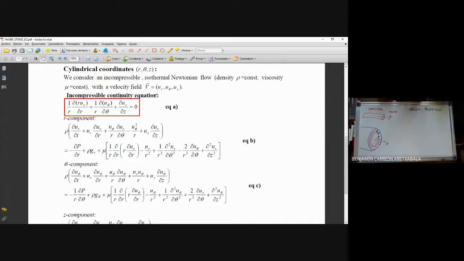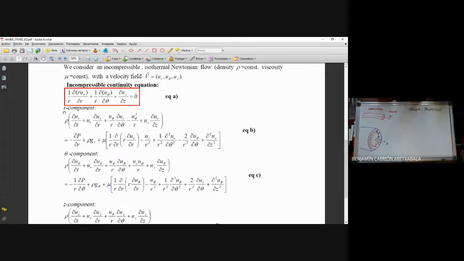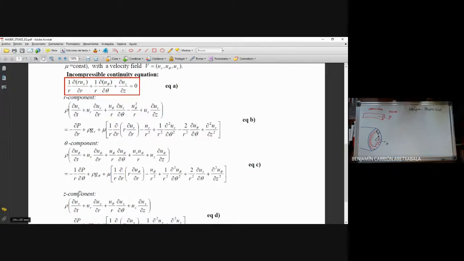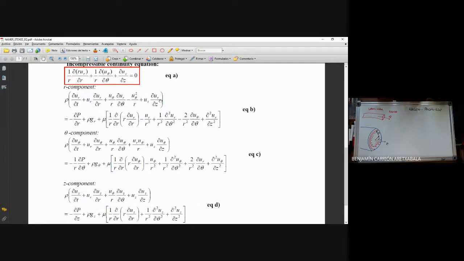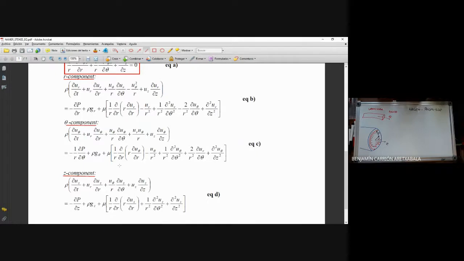For incompressible flow, the continuity equation becomes this one. And now we have the three Navier-Stokes equations in which you have acceleration, pressure gradient, the body force, and the viscous forces for each of the three components: the radial one, the tangential one, and here it says Z, but remember the Z is in the direction of the flow.